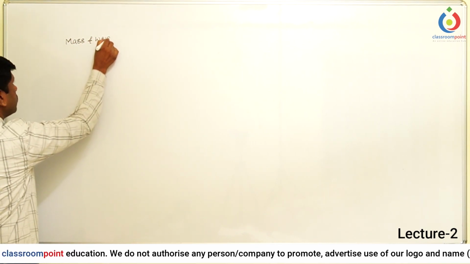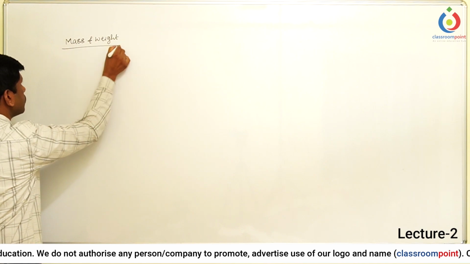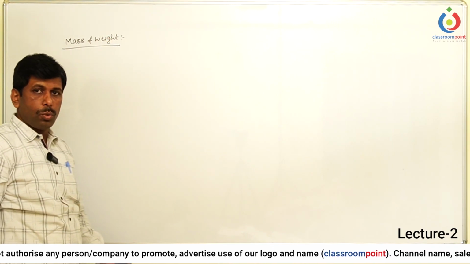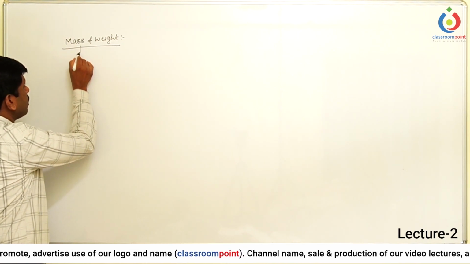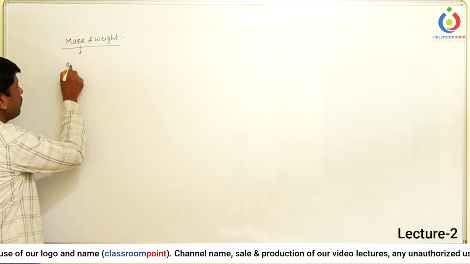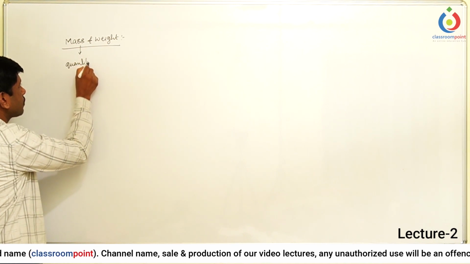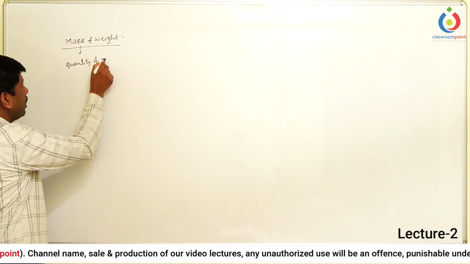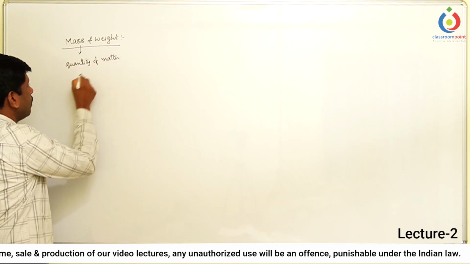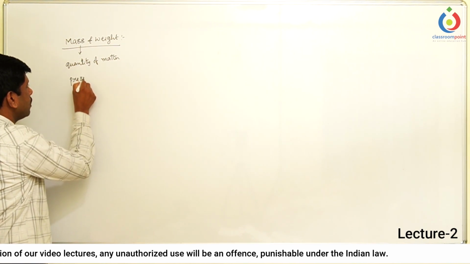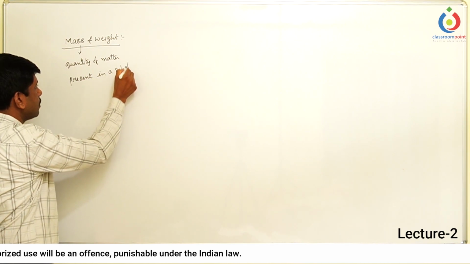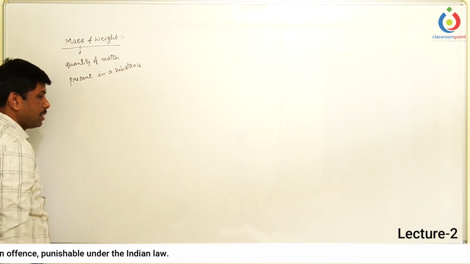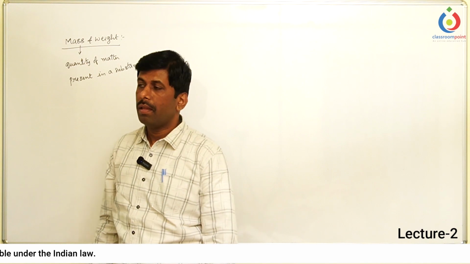Mass and weight. So we all know what mass and weight are. Let us see what mass is here. Mass means it's the quantity of matter. The quantity of matter present in a substance is called its mass.